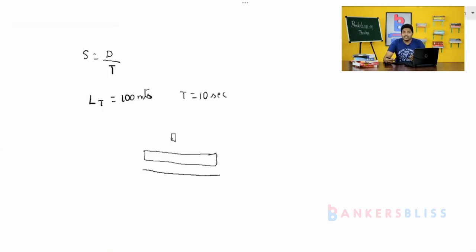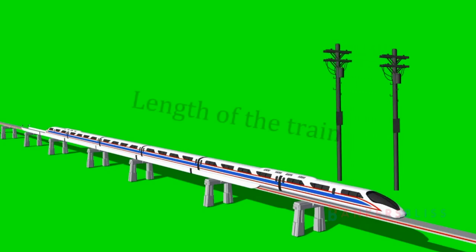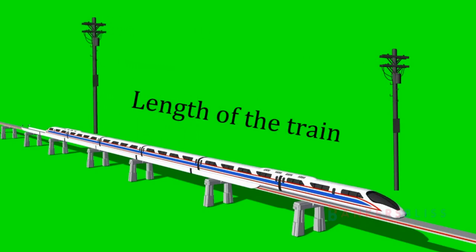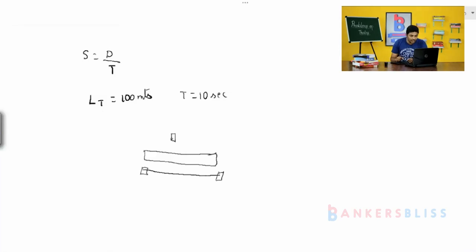If you consider that the train has stopped and the pole is moving, then the pole is going to travel the length of the train. Therefore, here the distance will be the length of the train.